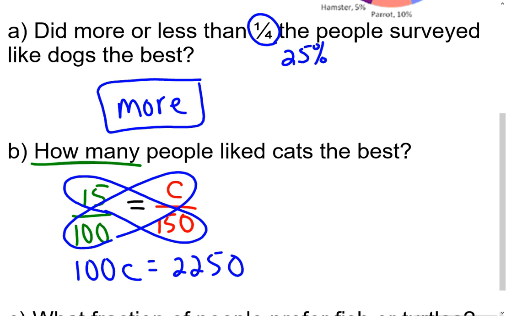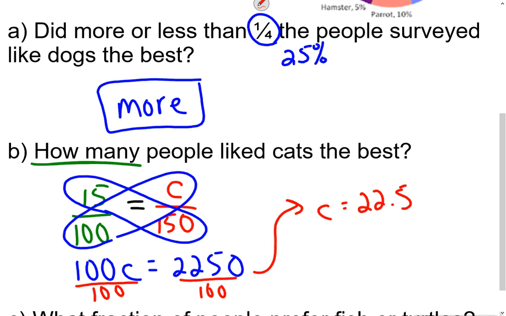So now I have to solve this equation. The next thing I would do is divide both sides by 100 to get the C all by itself. And then we find out that C equals 22.5, and then our label on that would be people.